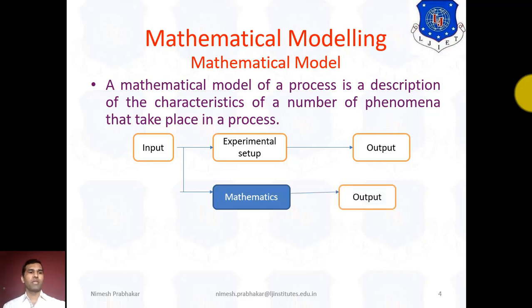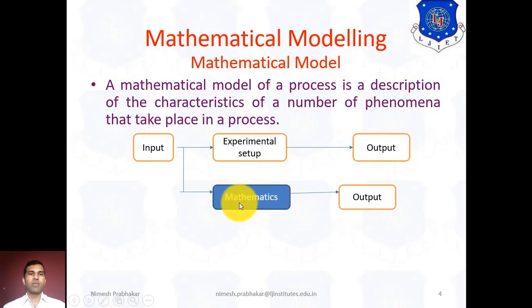If these two outputs are close enough, that means approximately the same, then we can say this is a good model.